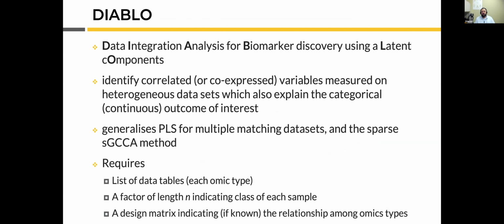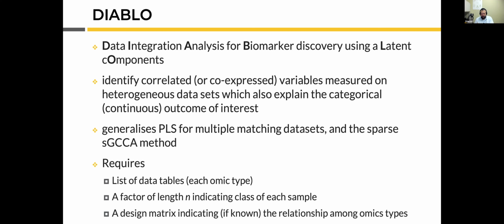I do want to mention a couple of specific methods, mainly because, while these may not be the best methods for your particular data set, Diablo is part of mixOmics, which I mentioned earlier, and which I like a lot because, one, it provides a whole bunch of different methods for exploring your data, the relationships between your samples and your groups, and deconstructing what's important.